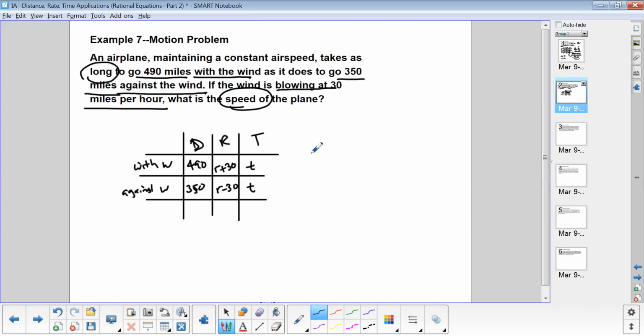So with the wind I have 490 divided by R plus 30, and that's going to equal time. This time would be 350 divided by R minus 30. Again, if you're looking for LCMs, it would be R plus 30 and R minus 30. We know R cannot be negative 30 or 30.